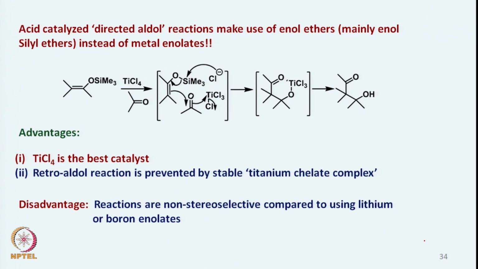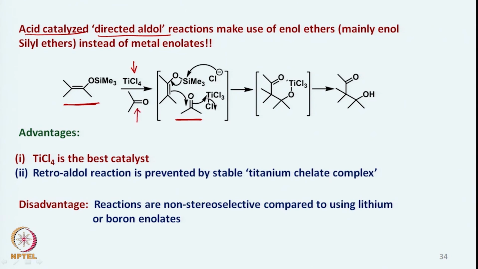We can also use enol silyl ether, as we discussed the chemistry of the enol silyl ether, for directed aldol condensation under acidic conditions. As I have shown here, TiCl4 can be used as a Lewis acid to activate the carbonyl group.